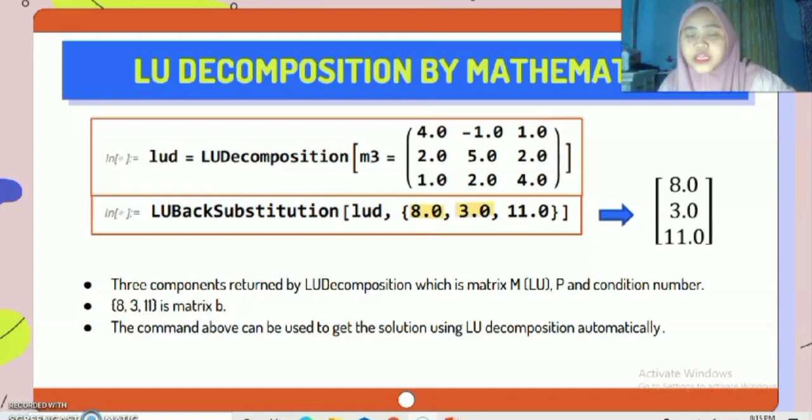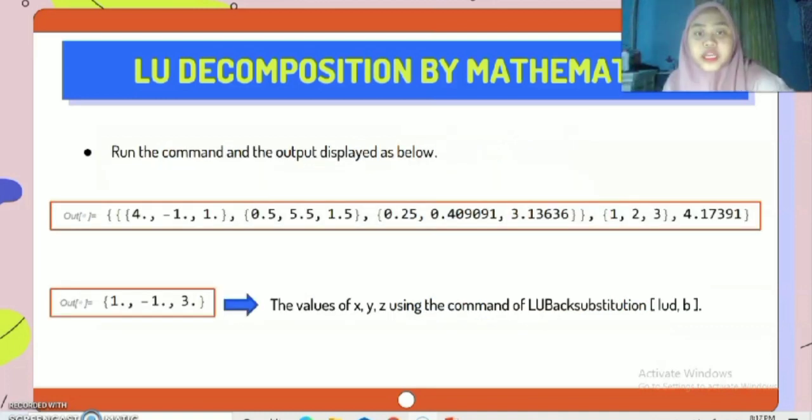In this case, {8, 3, 11} is matrix B. Next, the three components returned by LUDecomposition are the matrix M, LUP, and the condition number. {8, 3, 11} is matrix B. The command above can be used to get the solution using LU decomposition automatically. Run the command and the output is displayed as below.